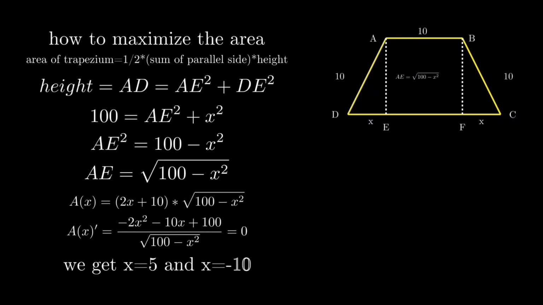Distance and side cannot be negative, so we get x equal to 5. So at this value we get the maximum area of the trapezium.